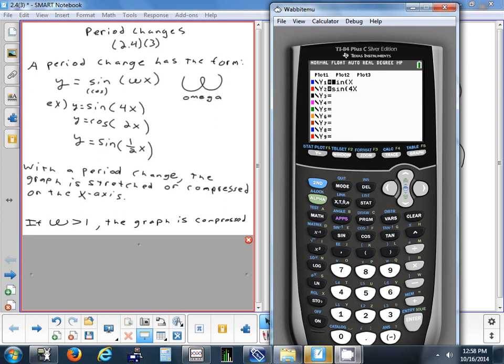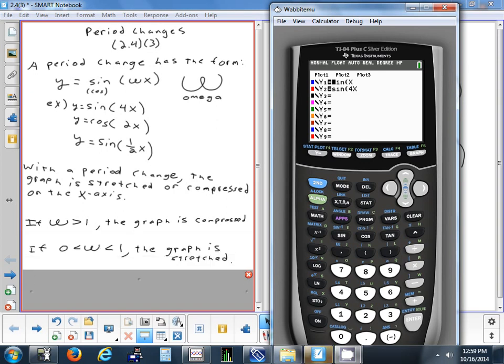If you type in a number between 0 and 1, that's when it will stretch. So if I did 0.5x, there's the original, and here's sine 0.5x. It's been stretched out quite a bit.